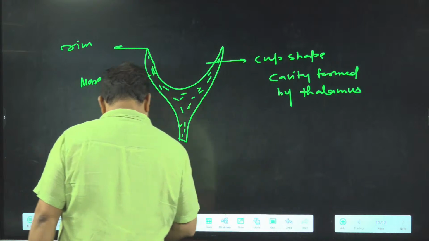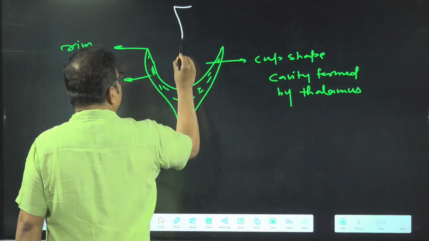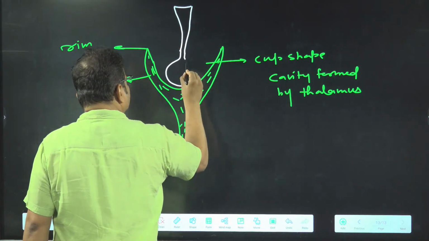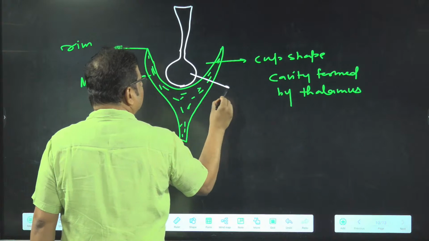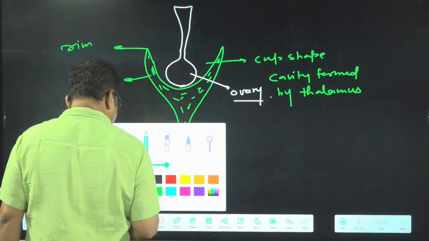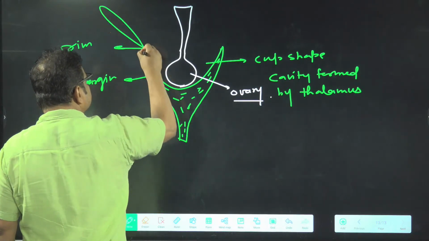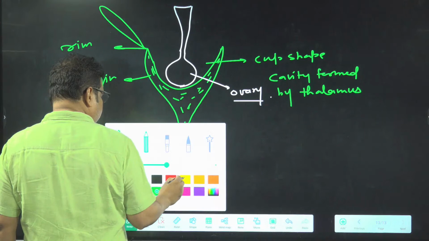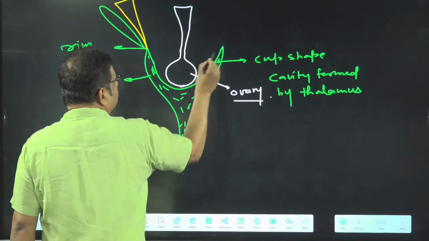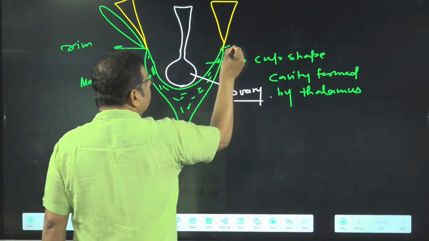And in the cup shaped cavity, you look here, here is the female reproductive organ, it is ovary. Look at the position of the ovary. And then here who is there? From the rim who is arising? Sepal. Or here, petal. Here it is petal. And here it is also sepal.